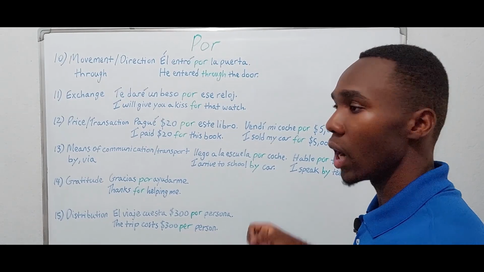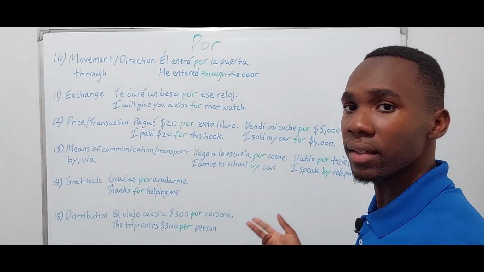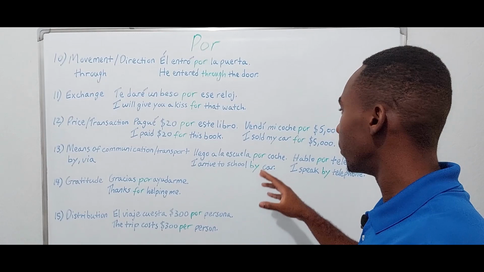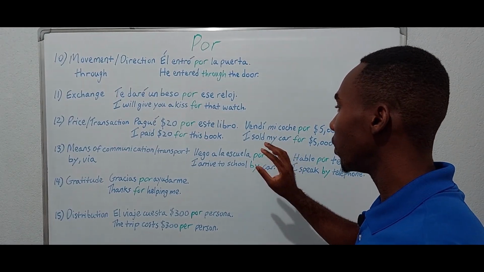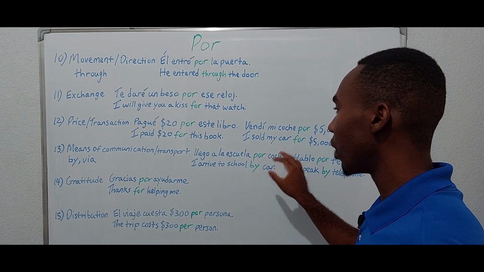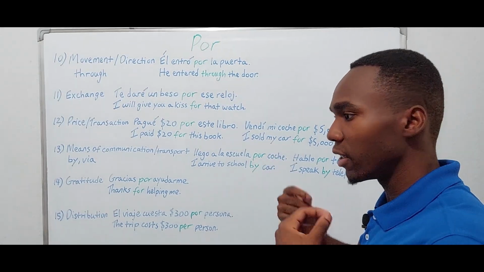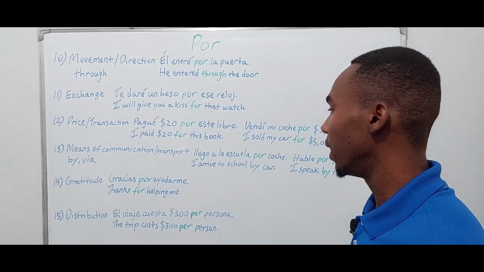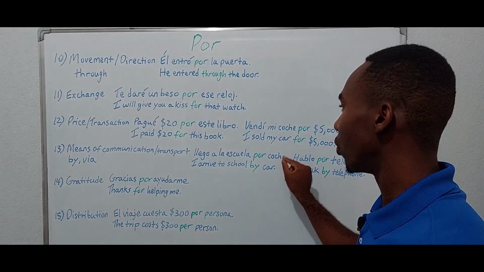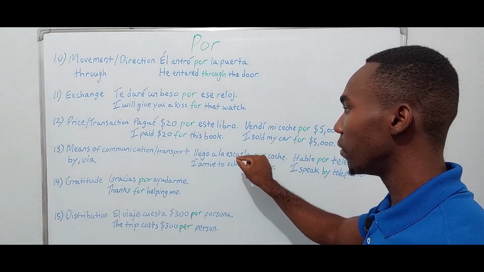So I could say por autobús, por tren, right? Any mode of transport we would put here. If we put any mode of transport after por, that would express how we usually travel, right? In this case, I said por coche, so how do I normally arrive to school?